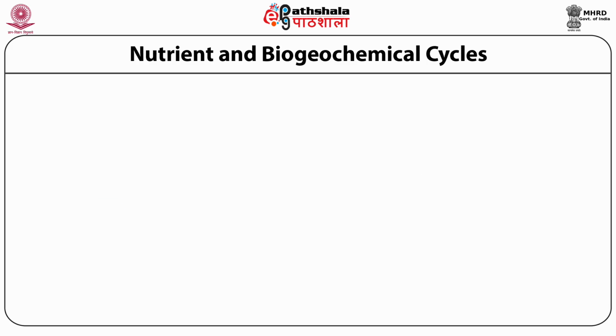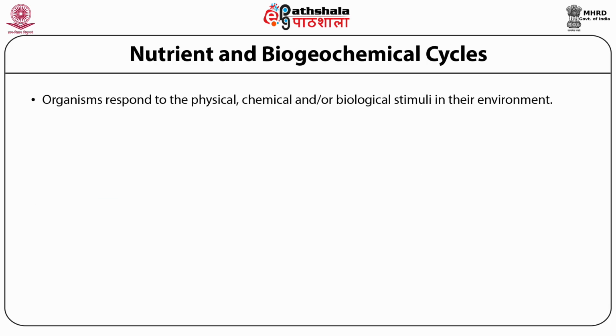What are nutrients and biogeochemical cycles? These different biotic and abiotic factors play a major role in different cycling systems, that is the transfer of nutrients from one stage to another, which happens through different biological processes. Generally nutrient cycles and biogeochemical cycles take place under various environmental conditions.